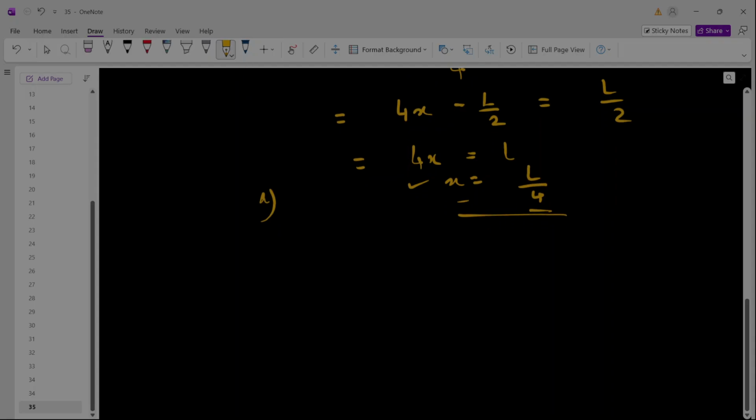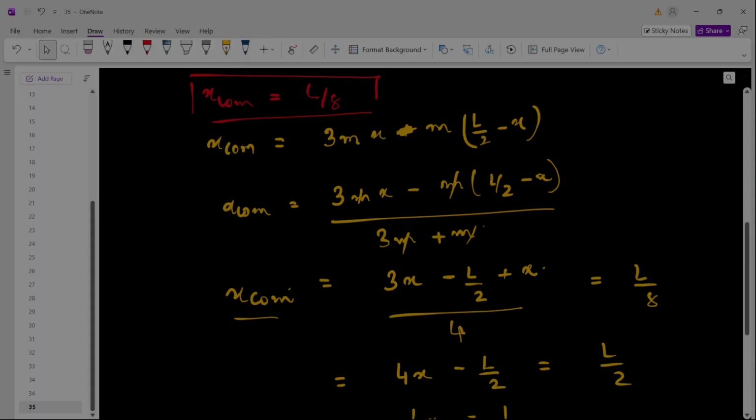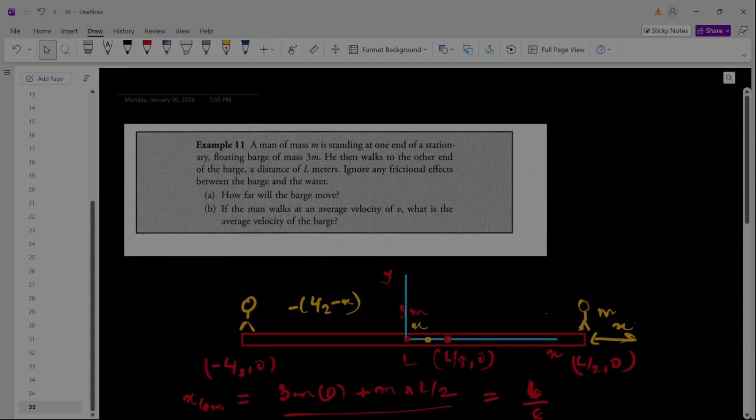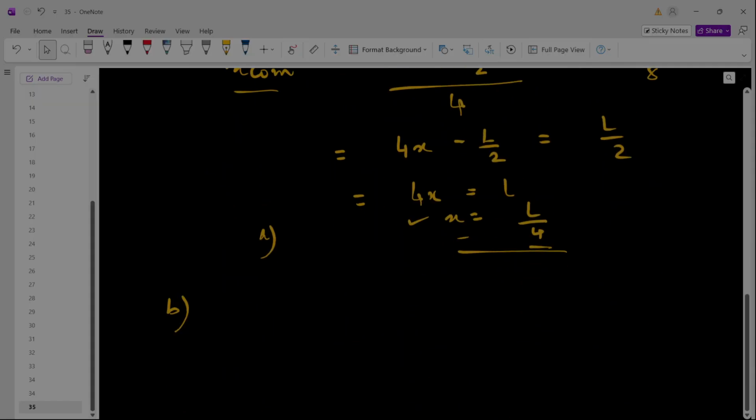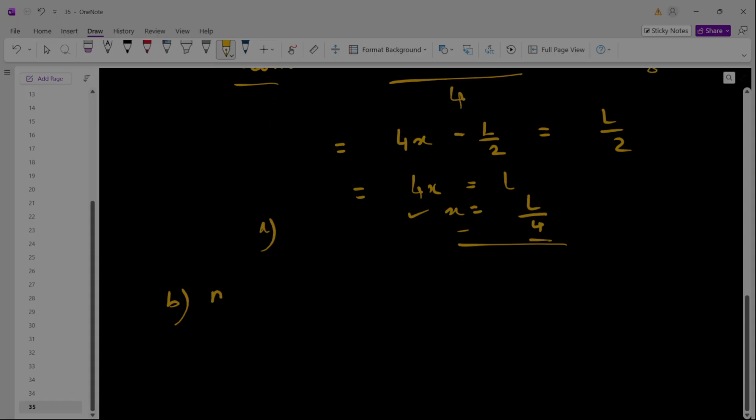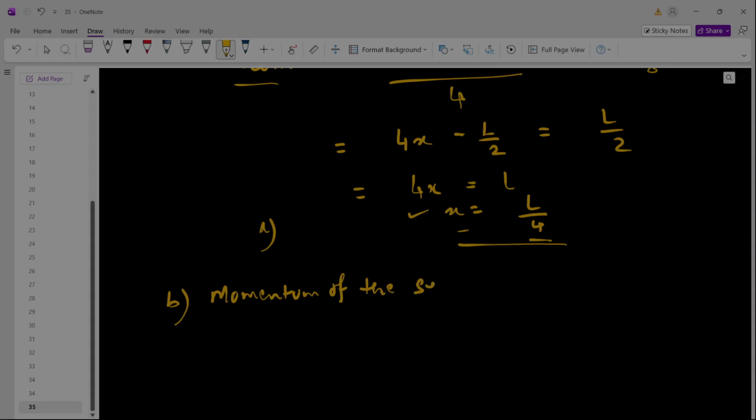Now when we look at question number B here, right? Let's go back and check the question. If the man walks at an average velocity of v, what is the average velocity of the barge, right? Now, since there is no external force acting on this system, the momentum of the system will be conserved, right?